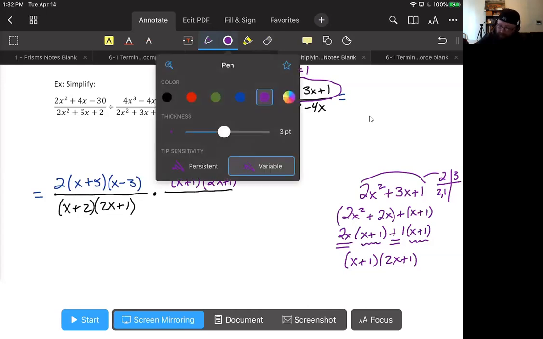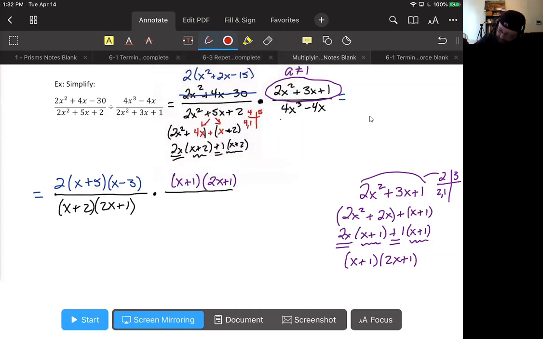And then finally on the bottom there, we've got a GCF that we can take out, which would leave us with 4x squared times x squared minus 1. And then x squared minus 1 factors again because it is a difference of two perfect squares. So the 4x would still be there, and then the x squared minus 1 would factor into x plus 1 and x minus 1.